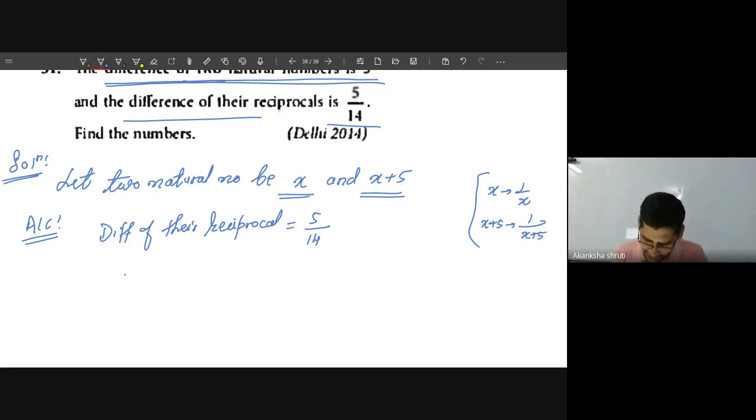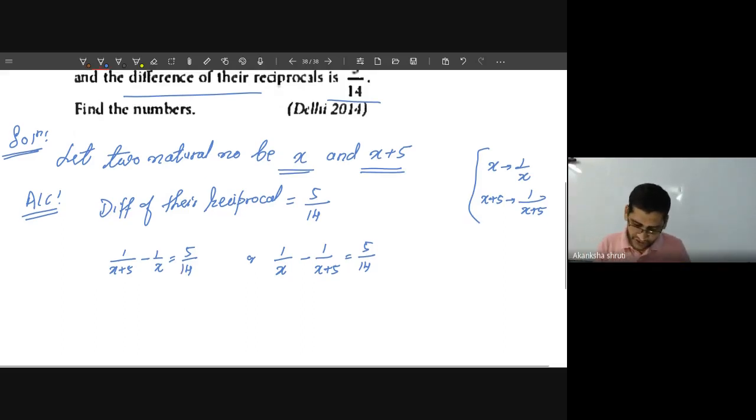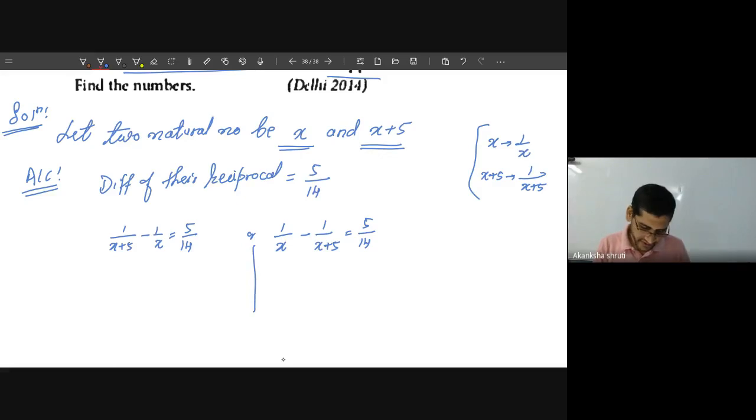Now, my question is their difference of their number. Means whether I shall take x plus 5 minus 1 by x is equal to 5 by 4, or 1 by x minus 1 by x plus 5 is equal to 5 by 14. Yes, student, now you please tell me which one I shall take, whether this one or the next one. बताइए.